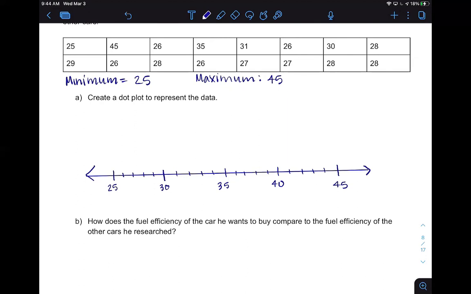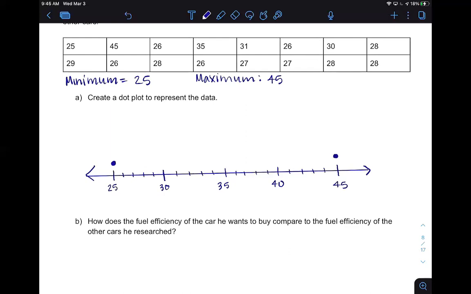Then to make our dot plot, we're literally going to place a dot above the number line for each number. So 25, I'm going to put a point above 25. Next number, 45, put a dot above 45.